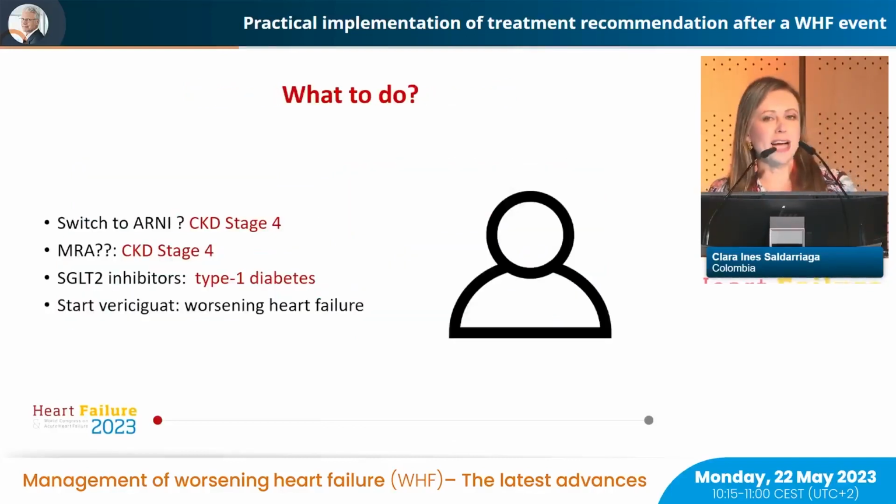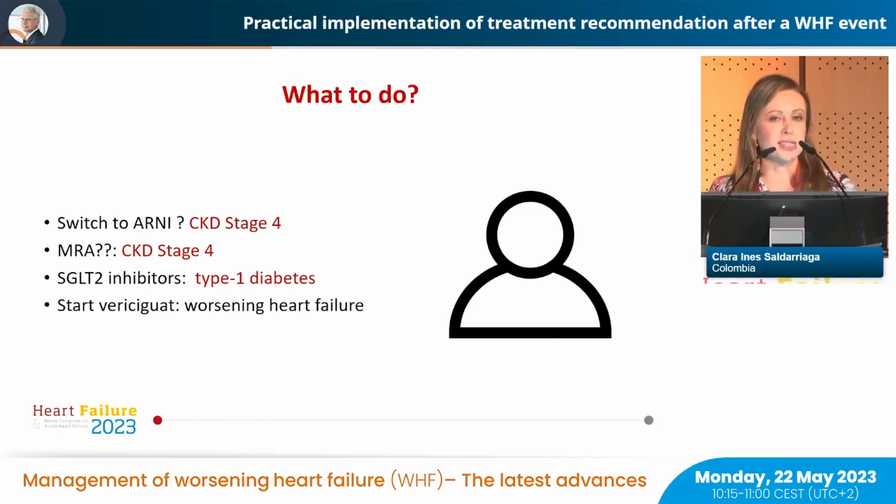So let's move back to my case. Here I have several options to consider in this case. Maybe you are thinking, why not switch this patient from the ACE inhibitor to an ARNI? But here you can see that we have 2 limitations. One is the kidney function of this patient, and the second one is the potassium. Then we have the MRAs.